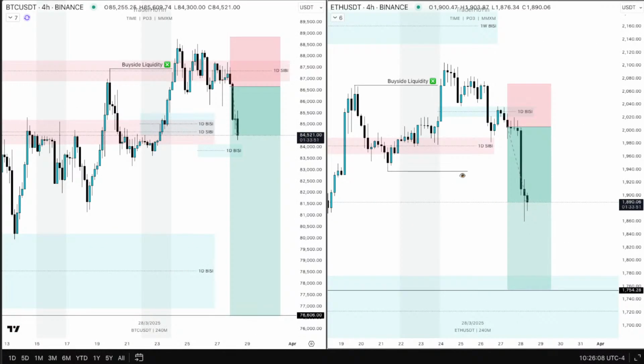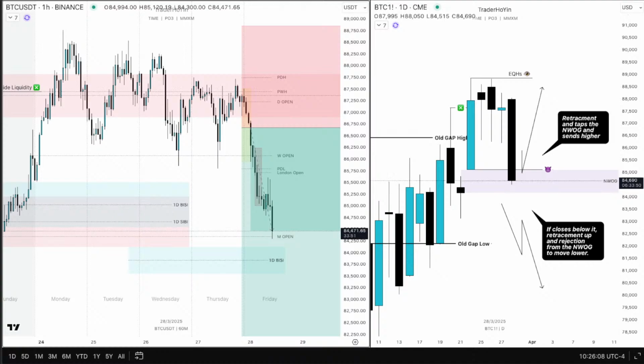It's pretty easy because I think there aren't as many big parties trading these assets, right? I think the big money in crypto is far less than the big money in the ES and NQ.